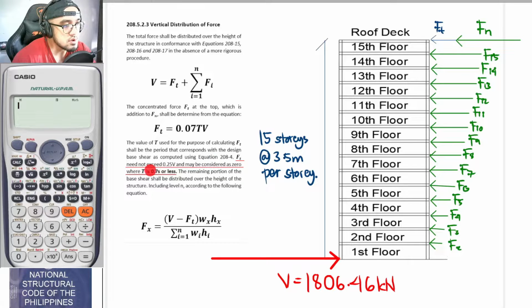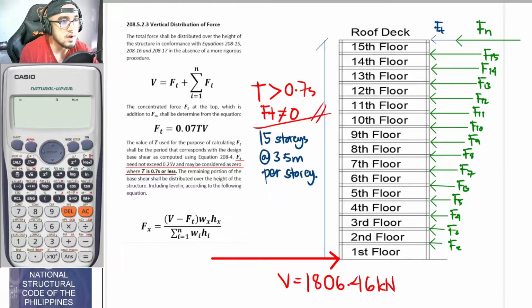Ft should not exceed 25% of the base shear and may be considered as 0 if the period is 0.7 seconds or less. In other words, we will only make use of Ft if T is greater than 0.7 seconds, meaning Ft is not equal to 0 and we will be solving for the value of Ft.